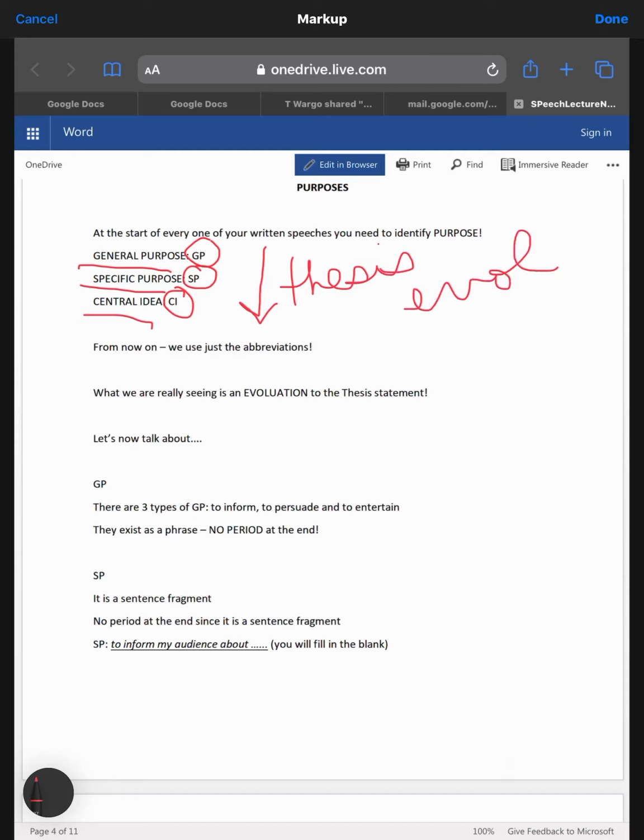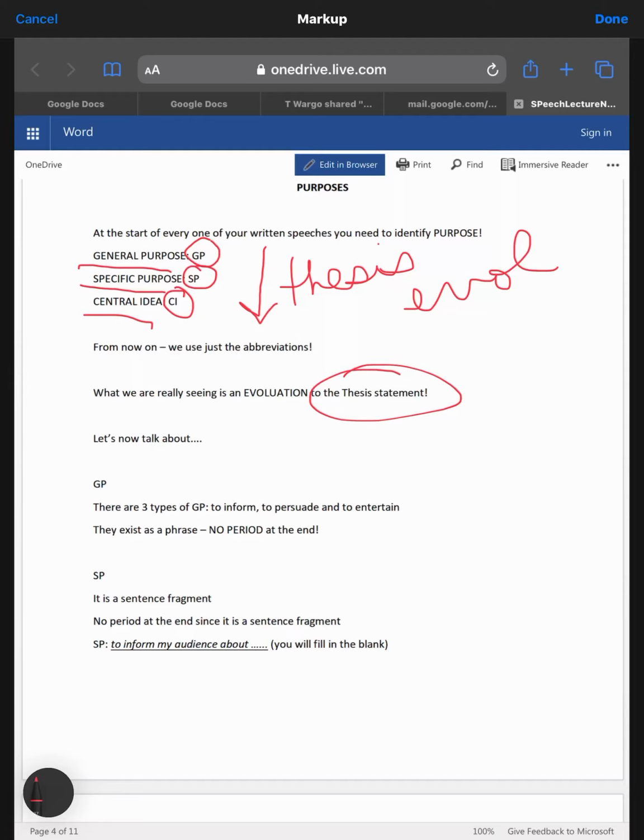Because really what the central idea is, is your thesis statement. Now, some books call it a preview statement, some call it a thesis statement, some call it a central idea. It just varies upon which books we're using.